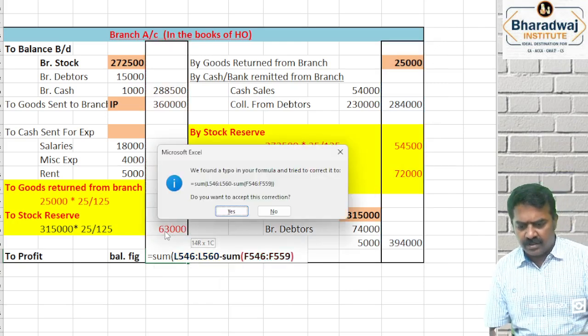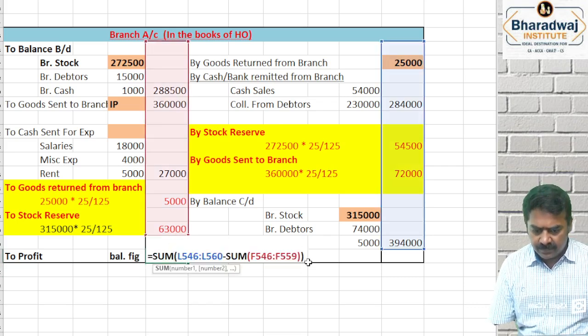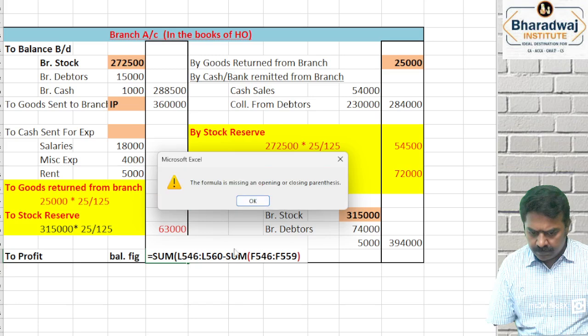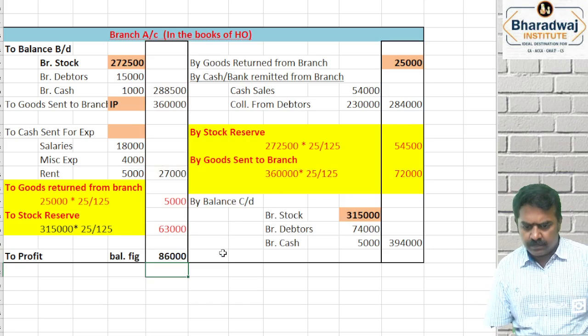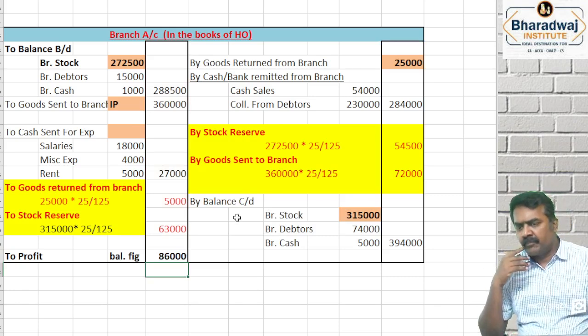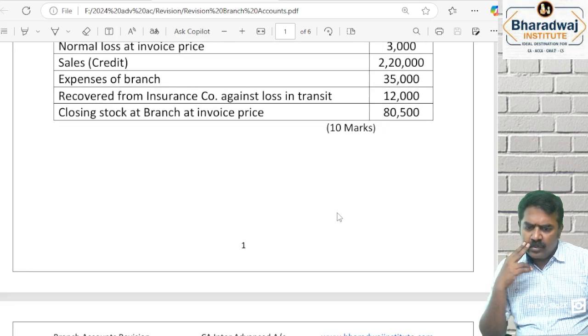This was one of the simplest questions that was tested in the exam. Done. This is question number 1.